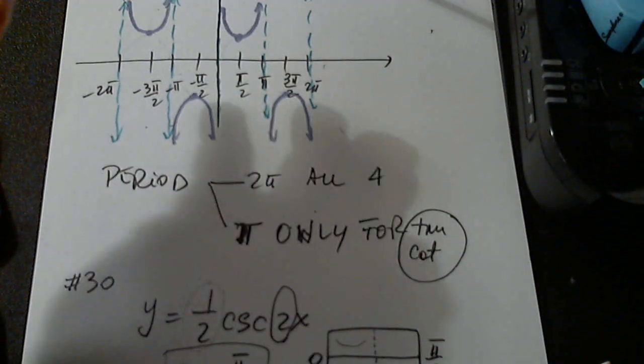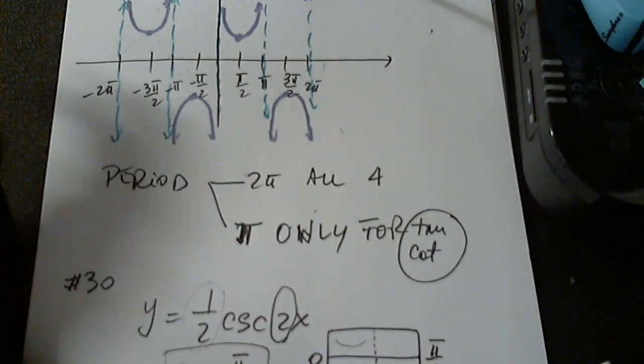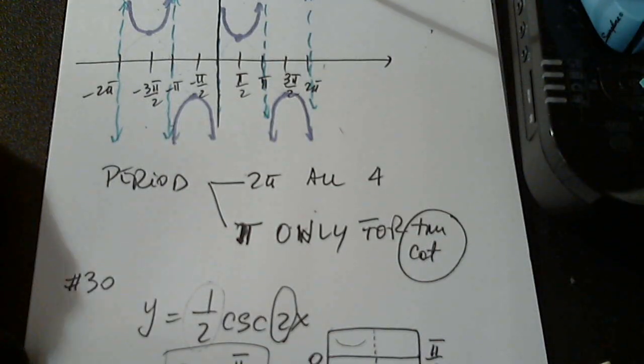I'm going to share my screen. Okay, so in the graphing calculator, we do not have cosecant, but cosecant is one over sine.